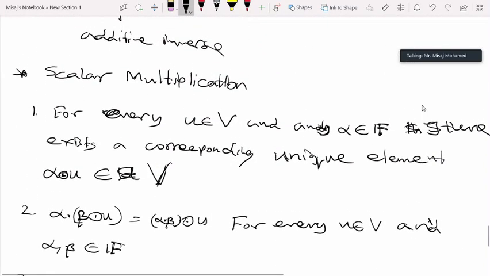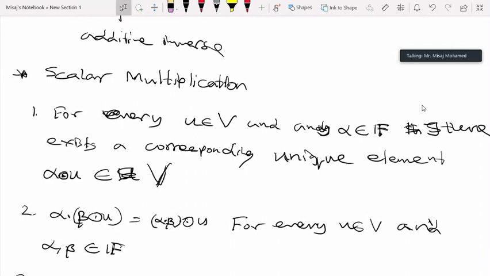How many properties in scalar multiplication? 3 properties. Altogether now how much? 8. 5 plus 3, 8 properties we have, right?